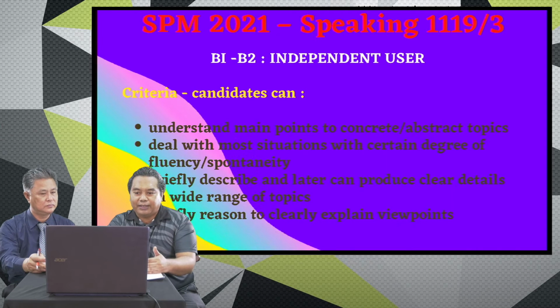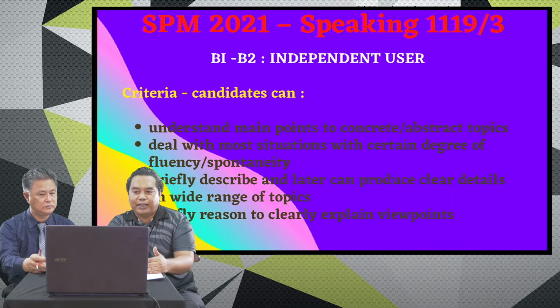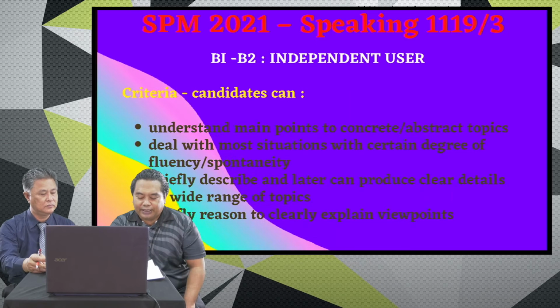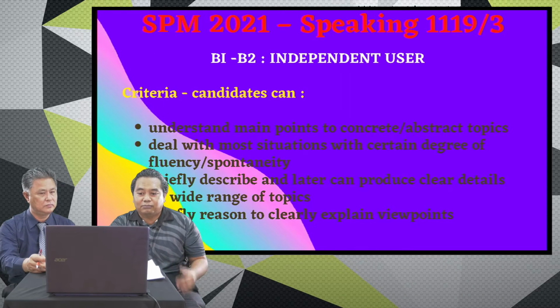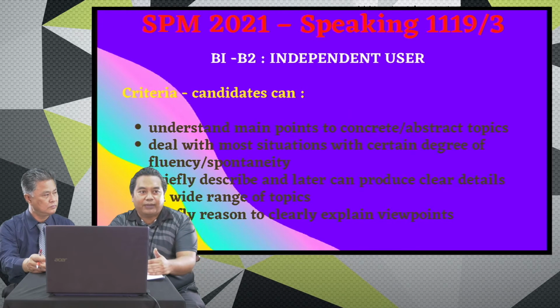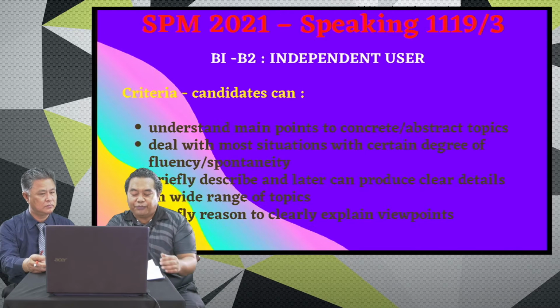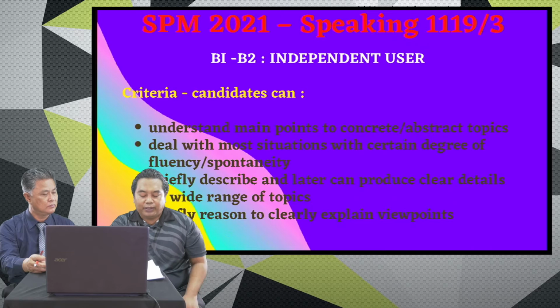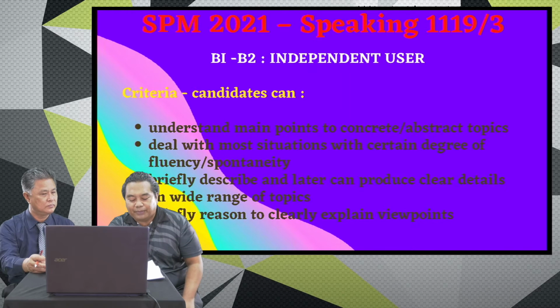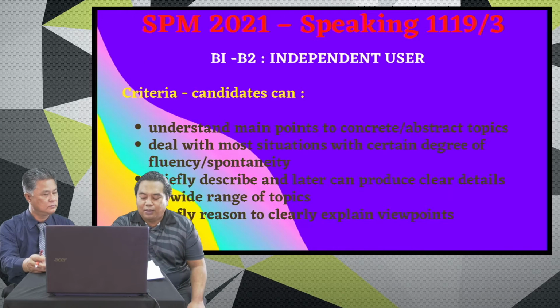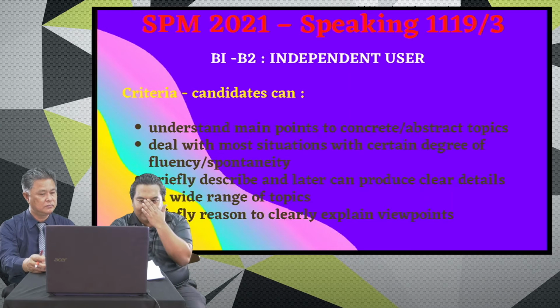So it is in the in-between level. Certain degree means not too basic and not too advanced. And then fluency here means the flow of talking, using the right words to convey the right message without too many halts while speaking.